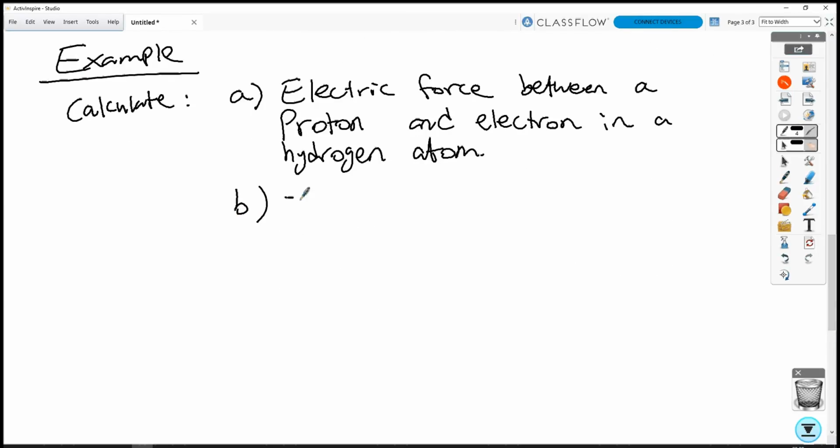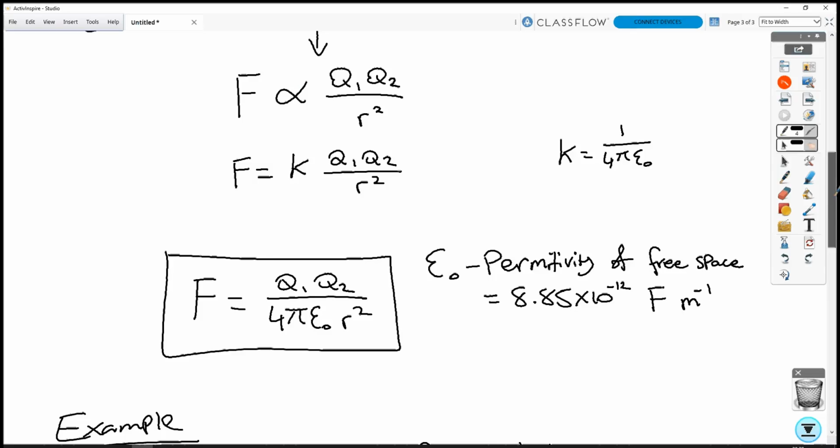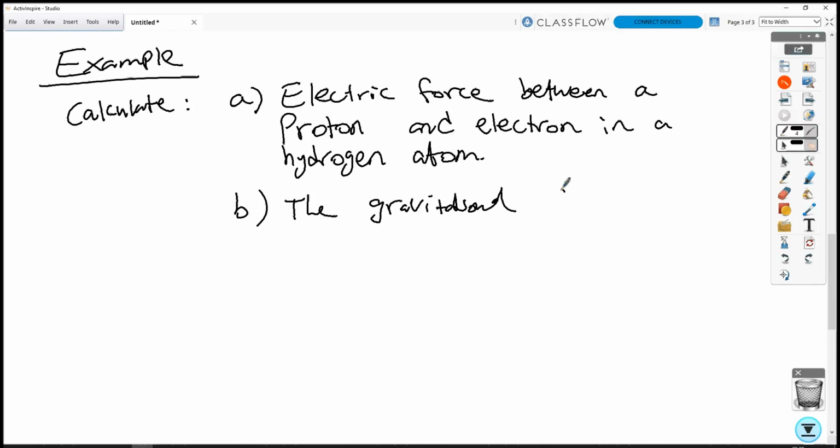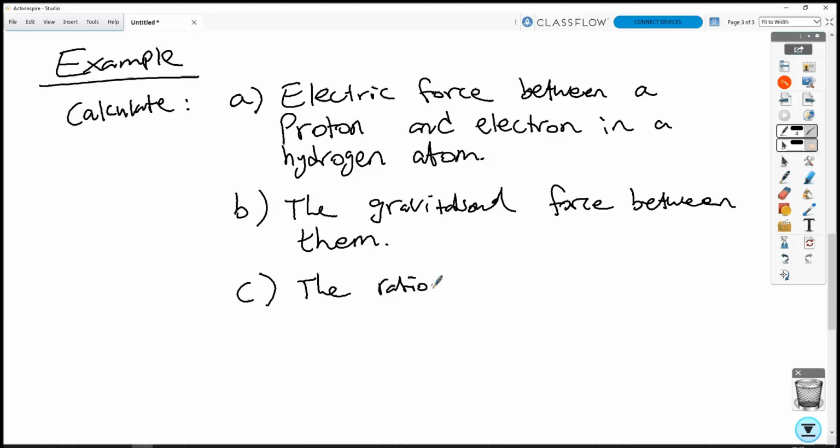B, the gravitational force between them. And C, the ratio of the electrostatic force over the gravitational force.